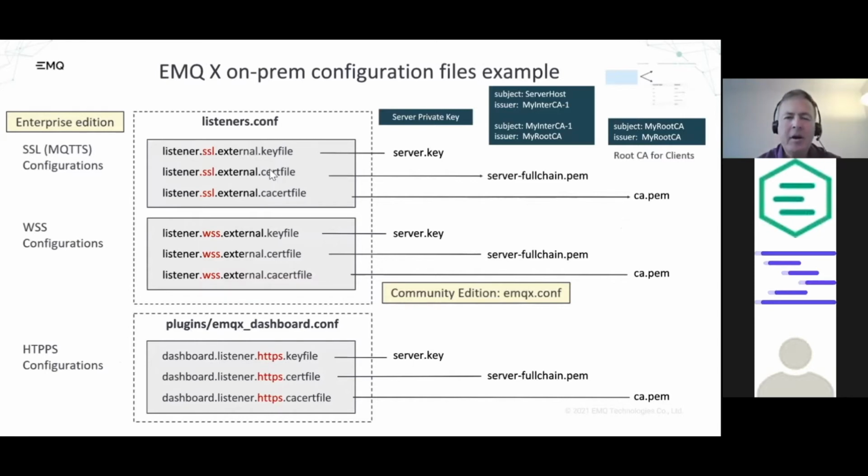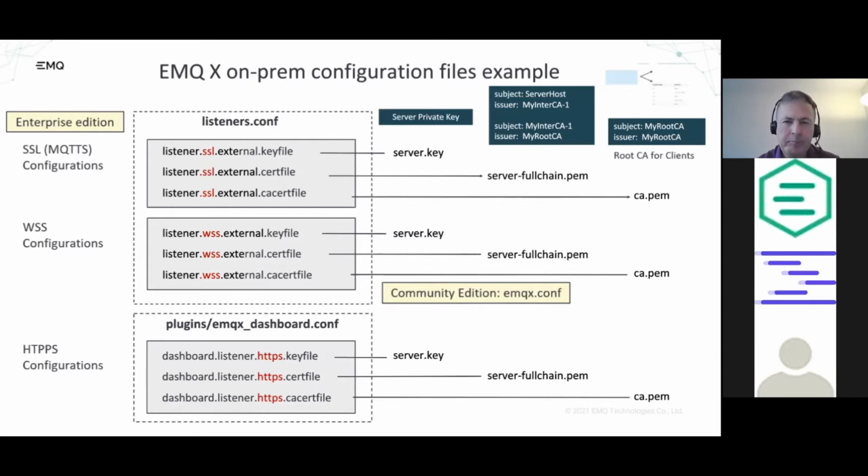But they all have the same sort of look and feel for their mappings. They all have key file for the private key. It's the same in all of them. Cert file is the full chain, and the CA cert file parameter is the root CAs for the clients. And just a note, if you're using Community Edition, then that file is called emqx.config instead of listeners.config.